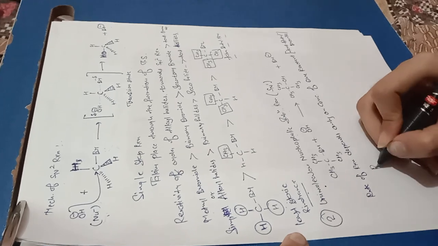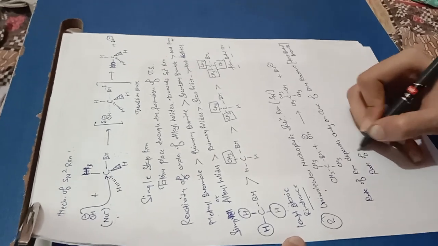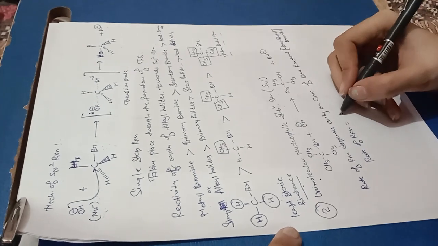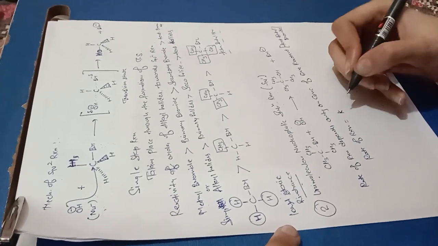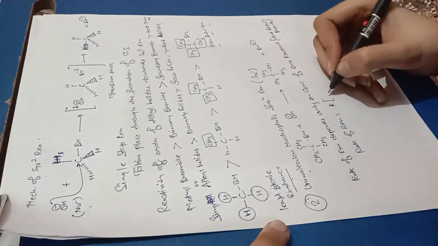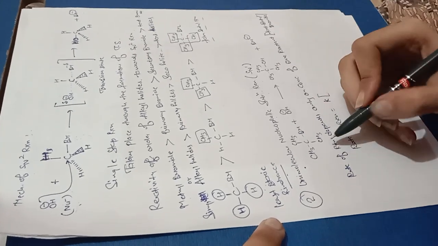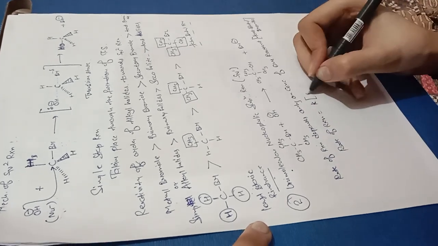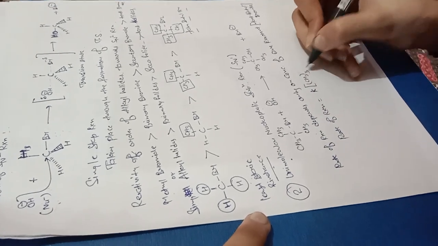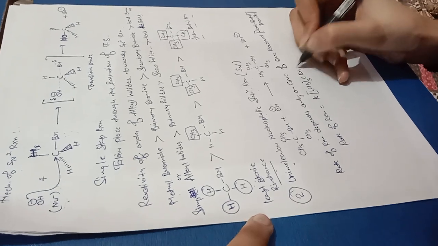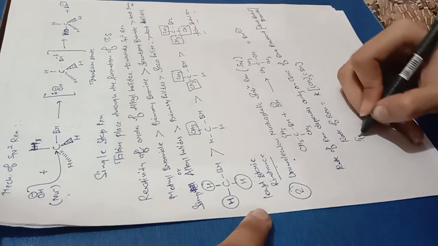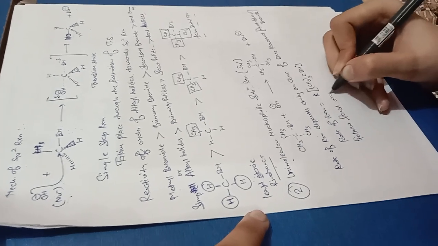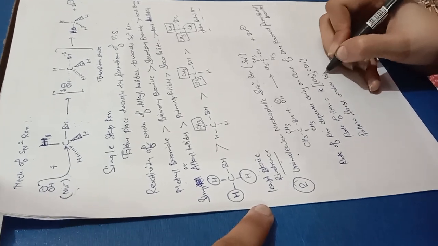The rate of reaction may be represented as k, the rate constant, times the concentration of tertiary butyl bromide, that is (CH3)3CBr. So it follows first order kinetics.